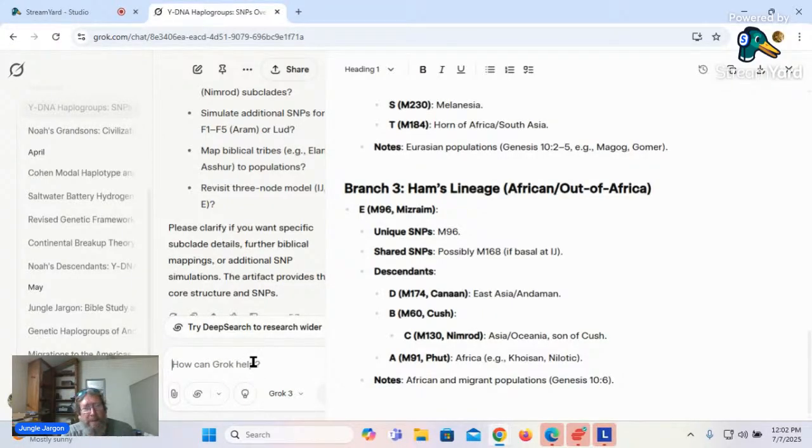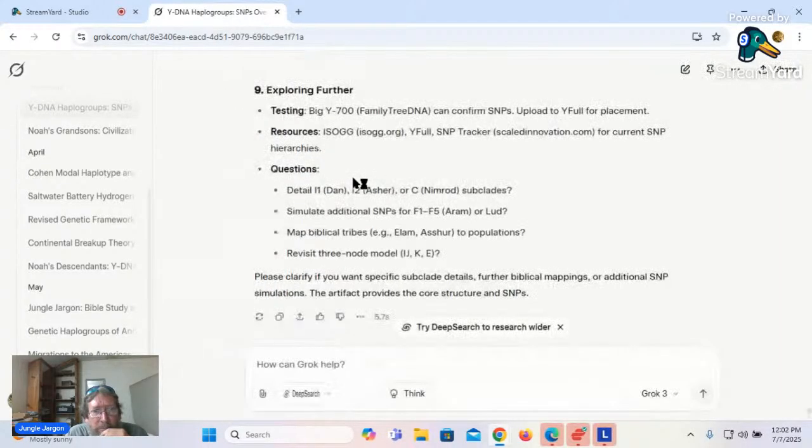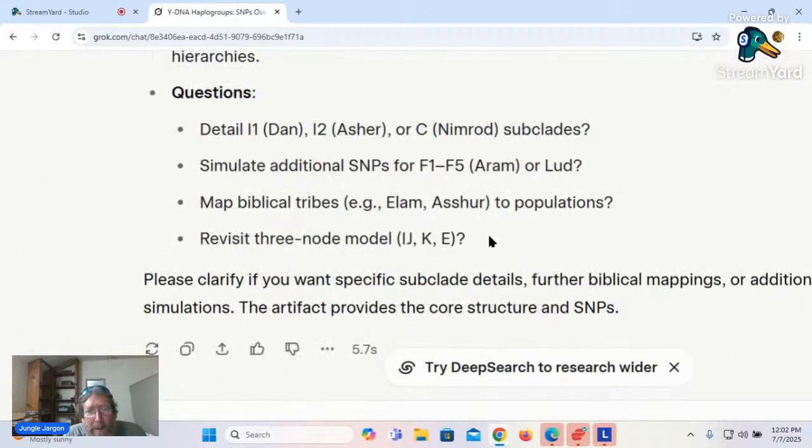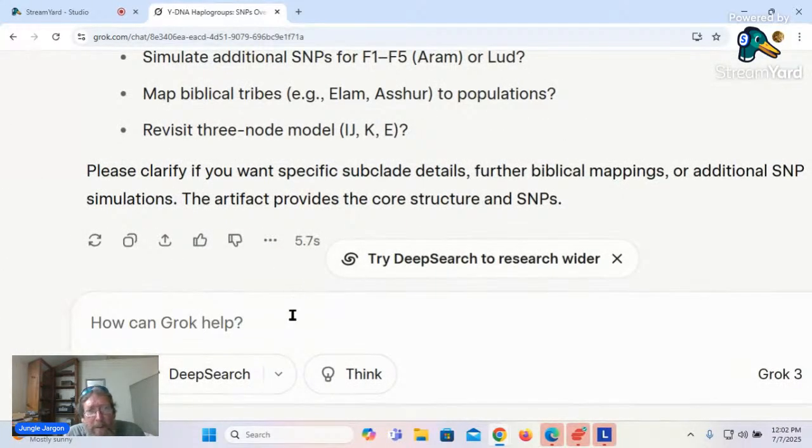Okay, so I'll add the Eurasians here. I don't know if I can get this thing out of the way. I don't want to close it. Well, I can close it, I guess. All right. So there we go. I'll gotta give the Eurasians. Okay.